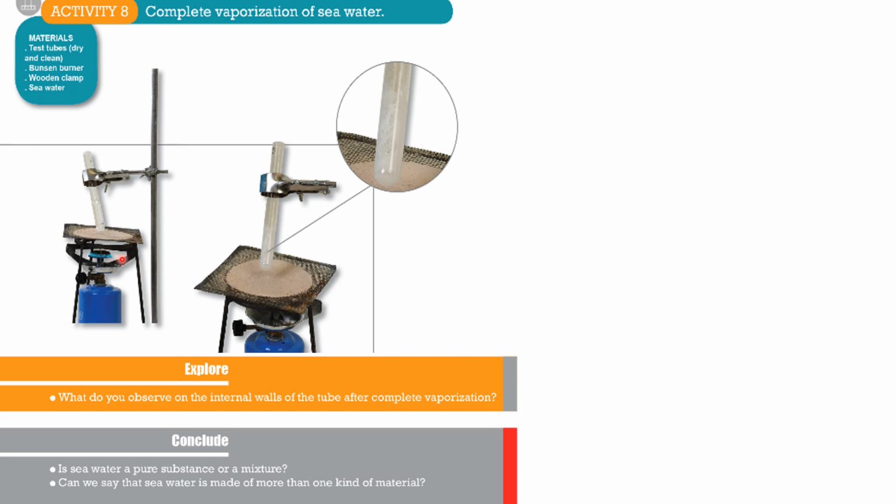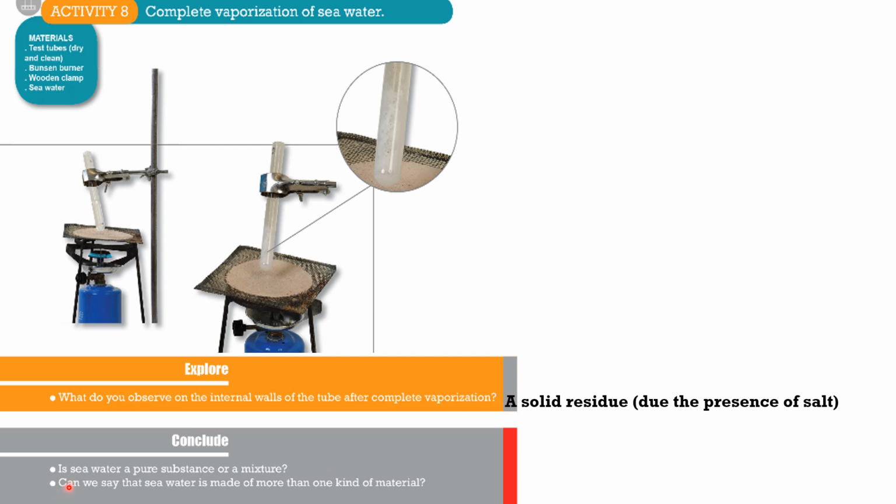So when we heat the seawater, water vaporizes and the salt remains in the test tube or at the internal wall of the test tube. Explore. What do you observe on the internal walls of the tube after complete vaporization? A solid residue due to the presence of salt.